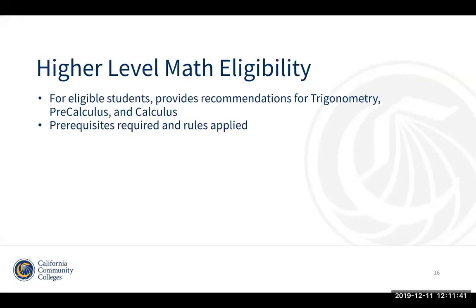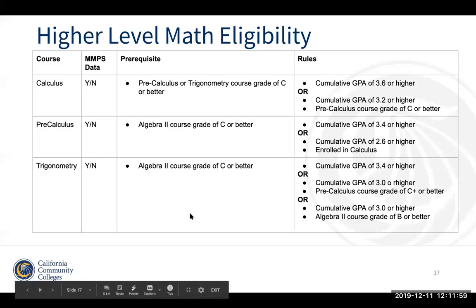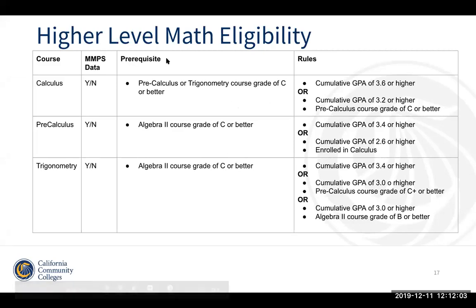From a higher level math eligibility perspective, students are provided recommendations into trigonometry, pre-calculus, and calculus. When we look at the rule set, we understand there are prerequisites the student must have completed in order to be eligible to go into specific coursework. So these prerequisites are going to be in place.